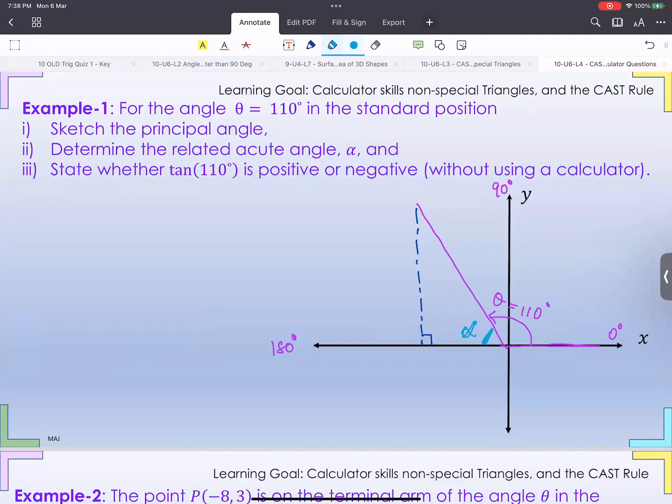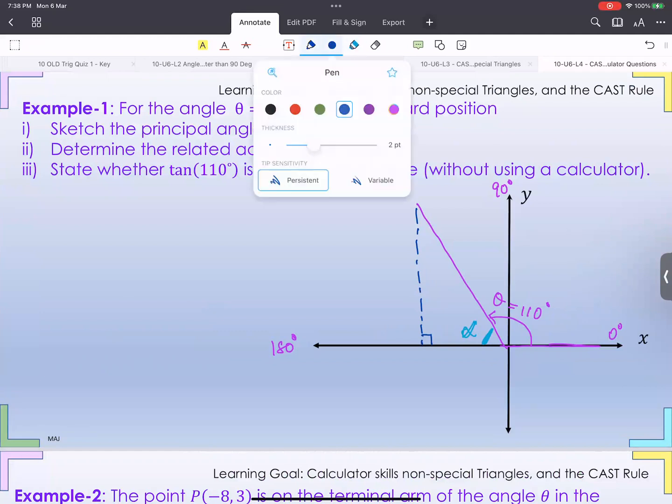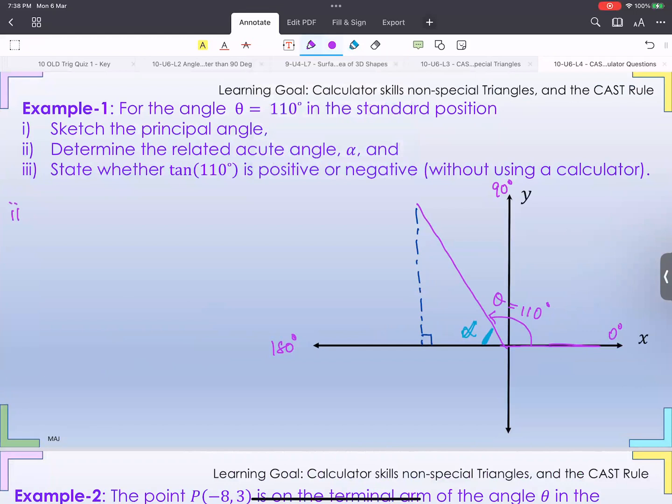And it's just not very difficult to do. All you need to do is say, well, wait a minute, I know that's going to be 180 degrees. So alpha is 180 degrees take away 110 degrees. What is that? 70 degrees. Okay.